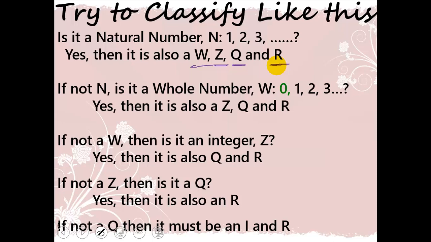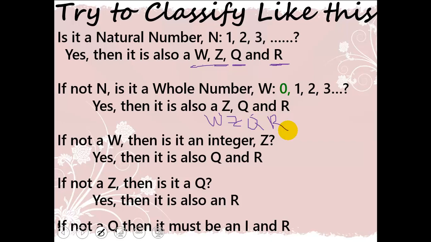If it's not an N, then you ask yourself, is it a whole number, the W's, right? If it is, then it starts with a W, and it has to be a Z, and a Q, and an R. See how that pattern's working?